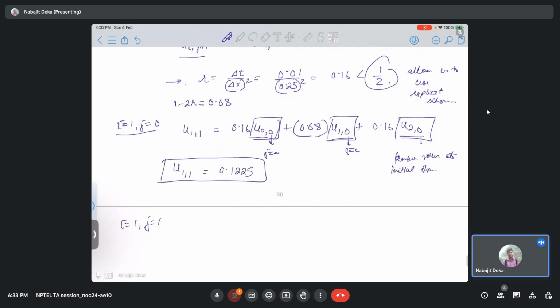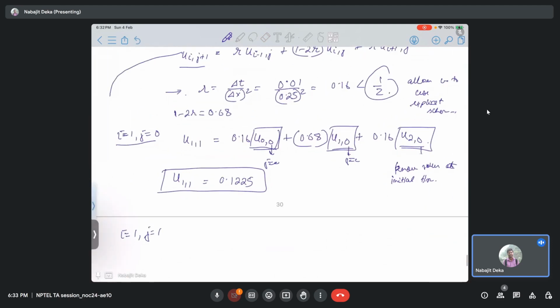So again, if we write this equation, u(1,2) will be 0.16 u(0,1) plus 0.68 u(1,1) plus 0.16 u(2,1).